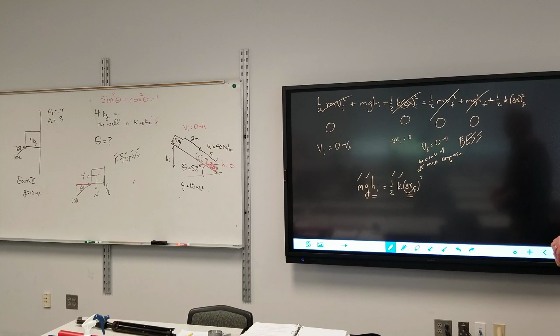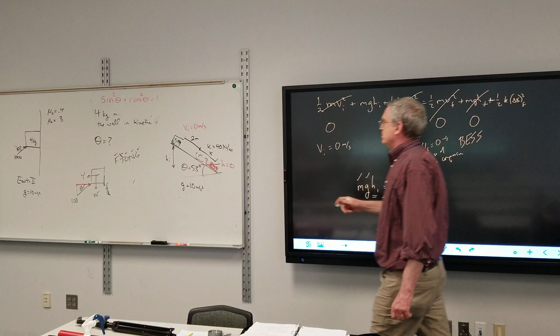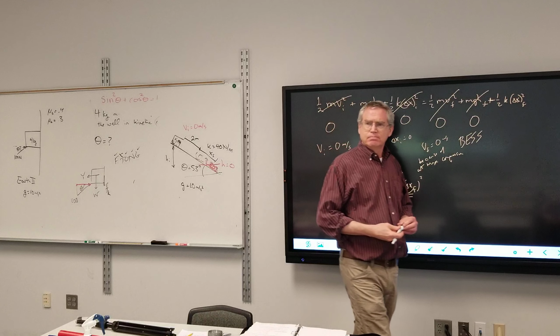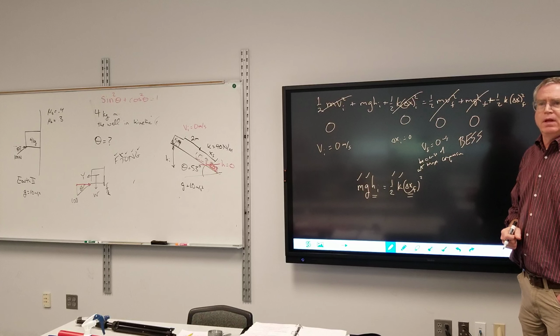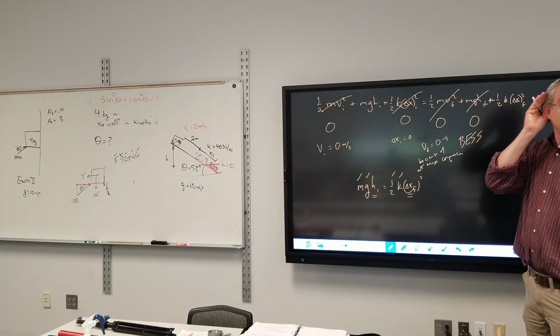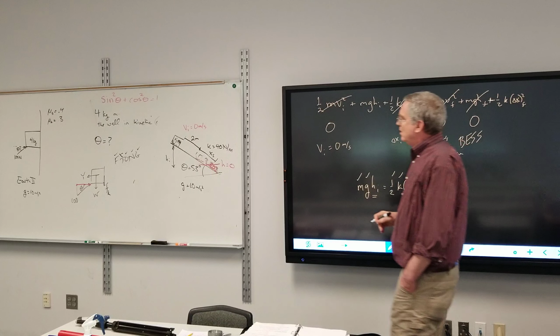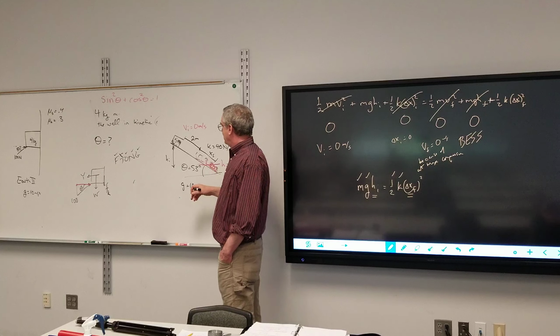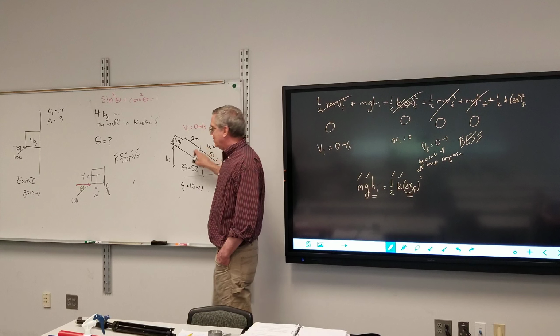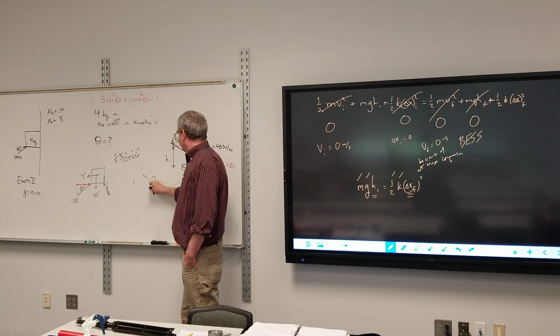What is the relationship between my final compression and my initial height? The final compression and the 2 would be the hypotenuse of a triangle with h being the height.